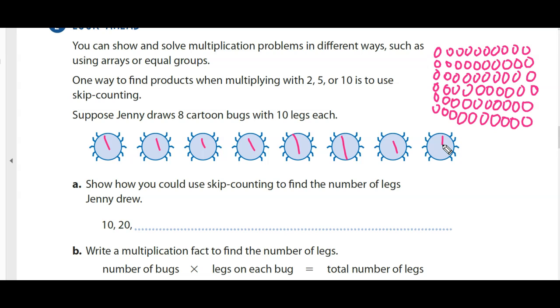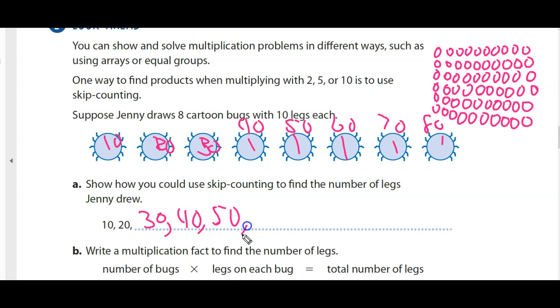Then 10 more would be 20. 10, 20. Keep going. 30, 40, 50, 60, 70, 80. That's skip counting. Counting by 10, right?